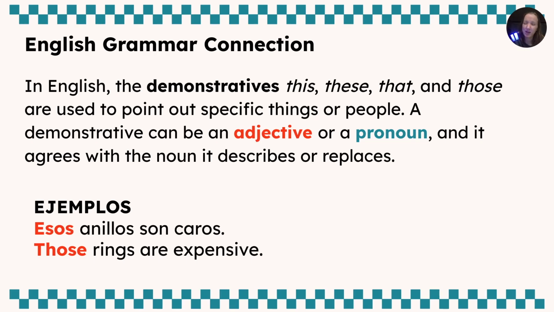So the example we have here is, those rings are expensive. Those is the demonstrative adjective that is describing rings. Which rings? Those rings. In Español, that would be, esos anillos son caros. Esos would be our demonstrative in Spanish.